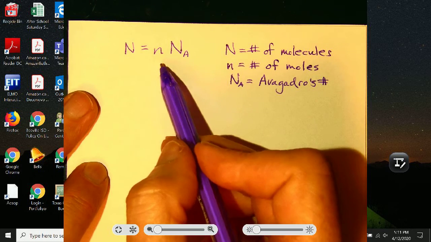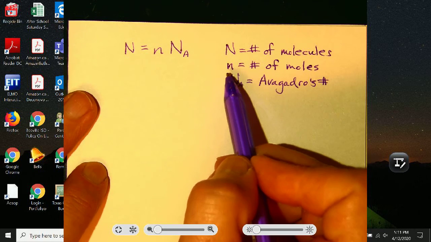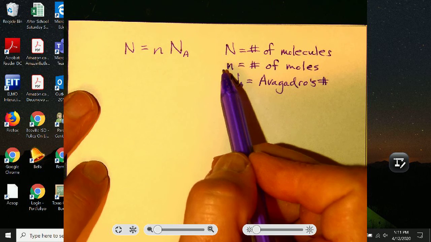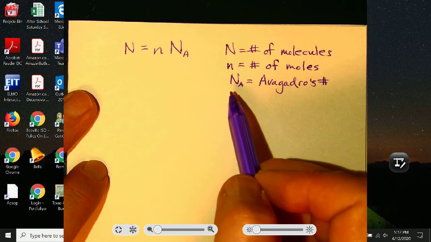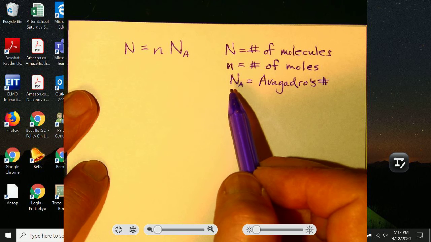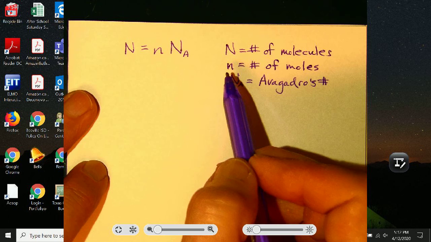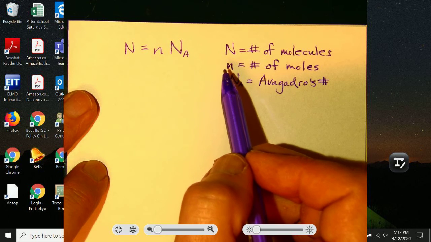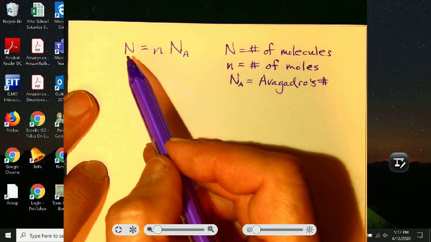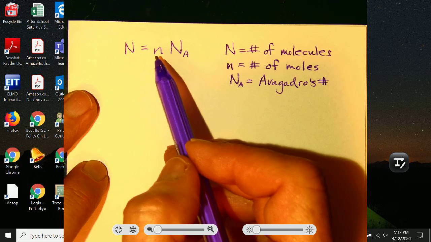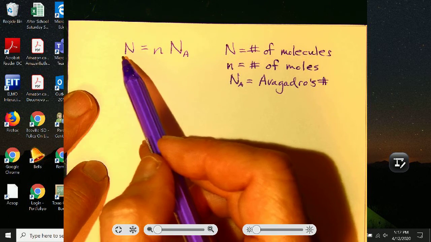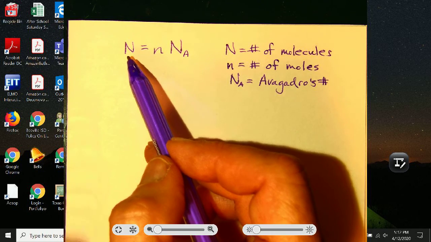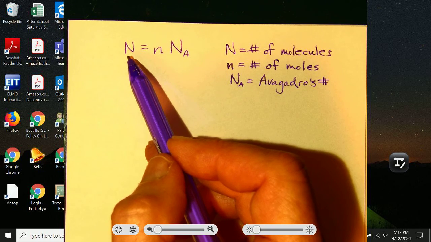This should make sense because it goes back to the definition of a mole. A mole is Avogadro's number of atoms. So if I have 1 mole, then I've got Avogadro's number of molecules.